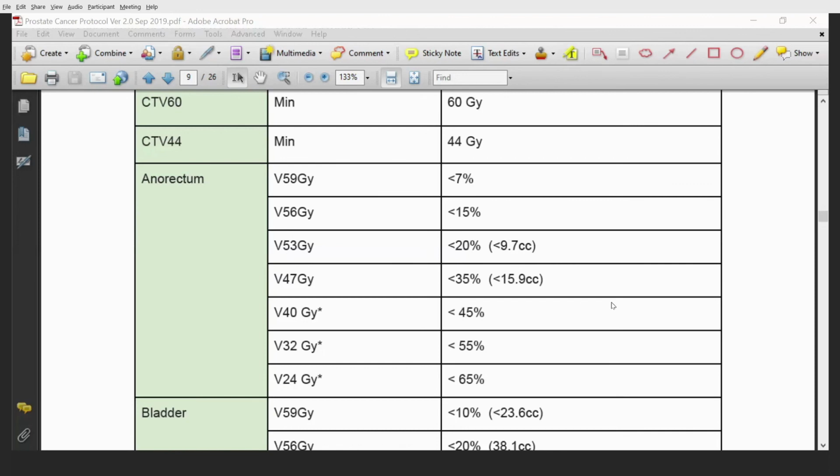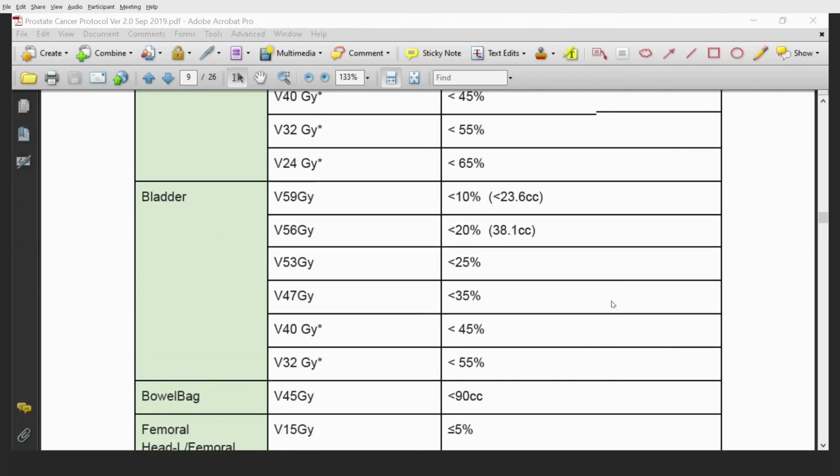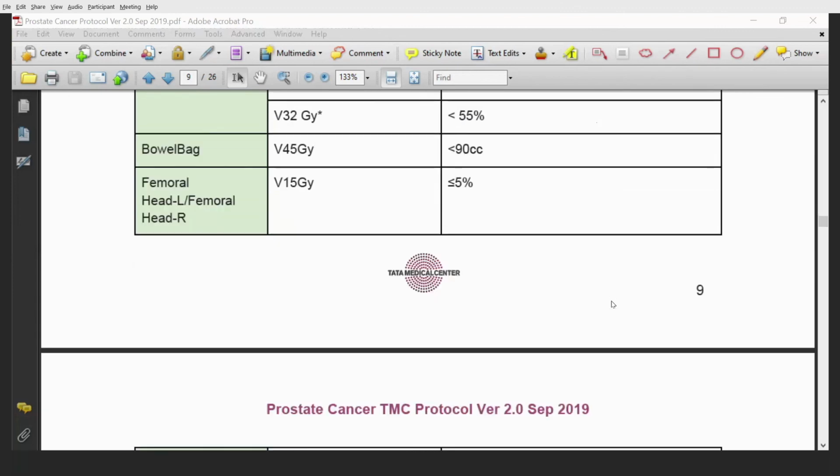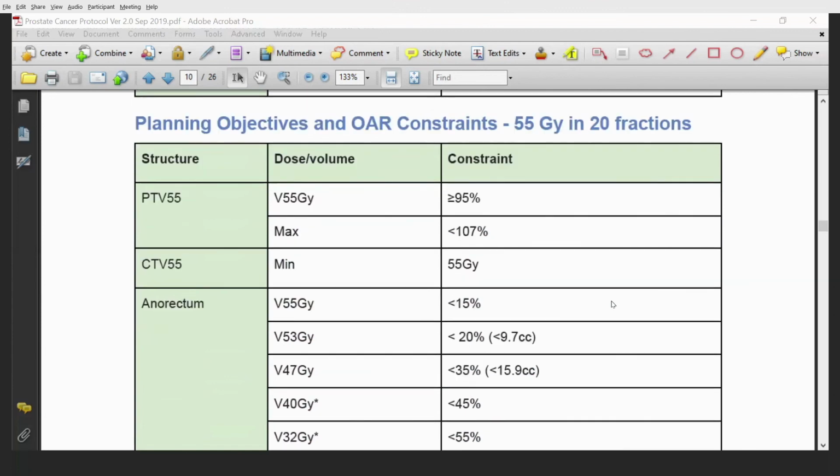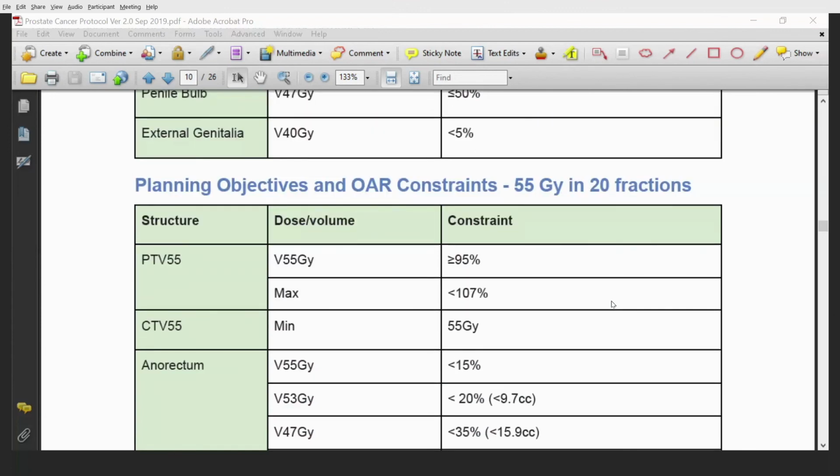So these are the cutoffs we found. We have a paper on that, and that's why we also see what these volumes are. So the 53 gray volume has to be less than 9.7 cc.